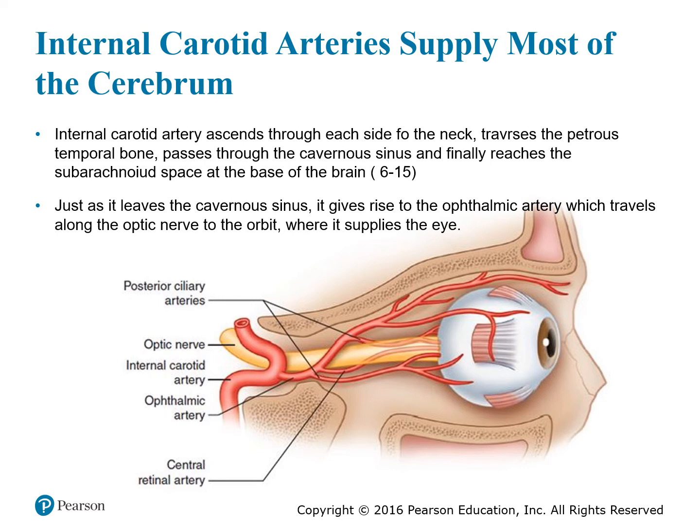So take a look at this picture here. We could see internal carotid coming up. I'll grab my highlighter so you can see that better. Internal carotid coming up here. And then you could see it branching off right here. We call this the ophthalmic artery. And it's going to give blood supply to our eye.